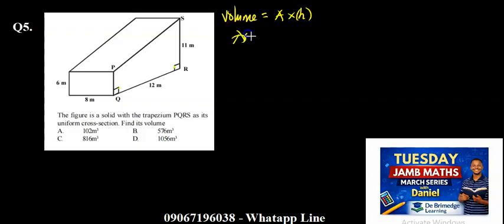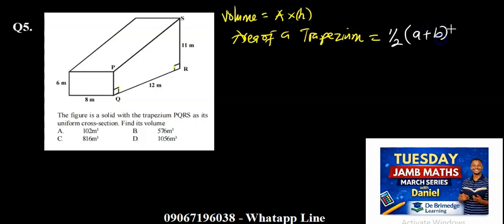So what is the area of a trapezium? The area of a trapezium is given by the formula 1 over 2 times (A plus B) times the height. So what is A? In this case, remember that PQ is 6.